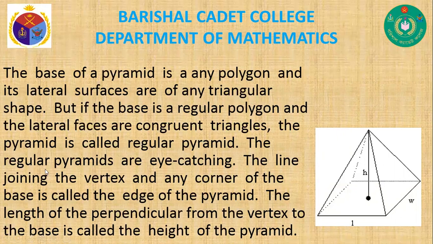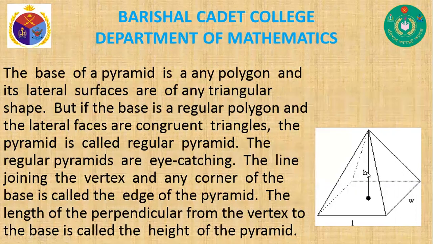The line joining the vertex and any corner of the base is called an edge of the pyramid. This one is the vertex, and suppose this one is the ending point. This one is another point. If you join these points, this is an edge, this is another edge, this is another edge. The length of the perpendicular from the vertex to the base is called the height of the pyramid. This one is the vertex.